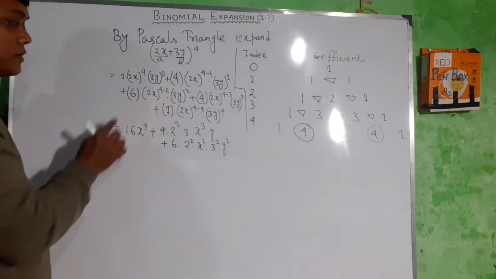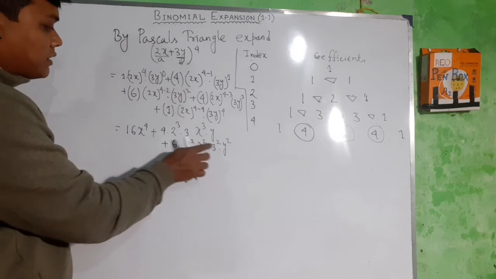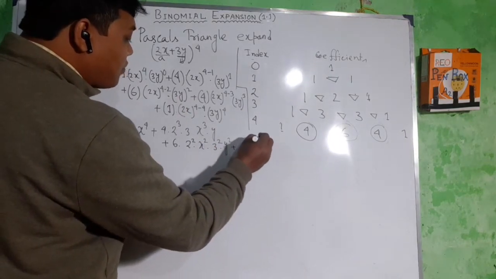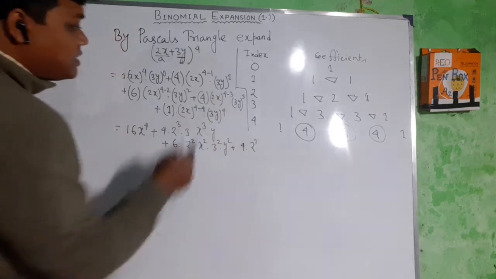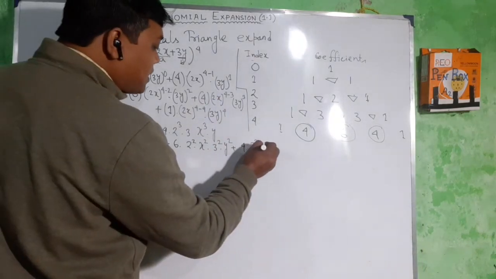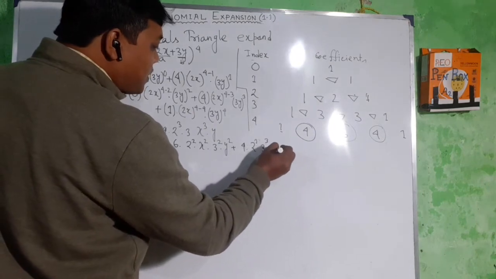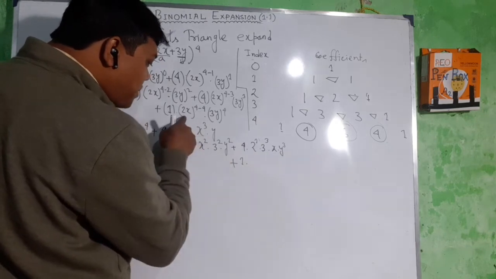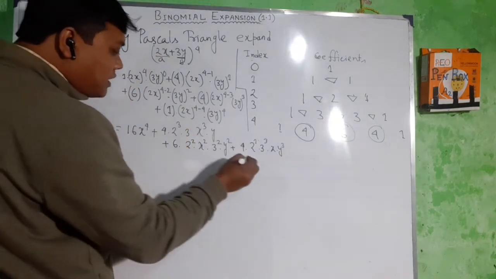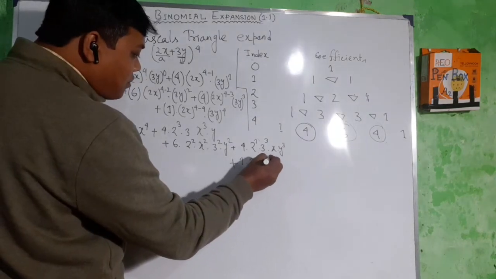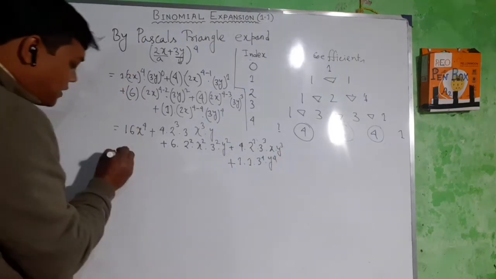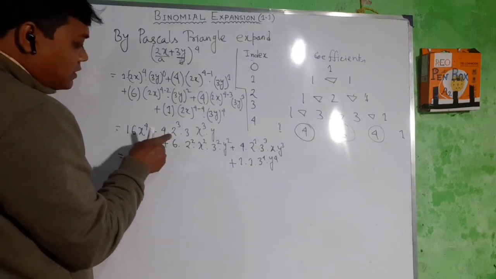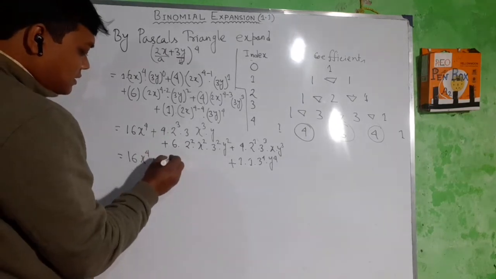Plus 4 into 2 to the power 1, since 4 minus 1 is 3, and 3 to the power cube, and x to the power 1, y to the power cube. And 1 into 2x to the power 0, that is 1, and 3 to the power 4 and y to the power 4.